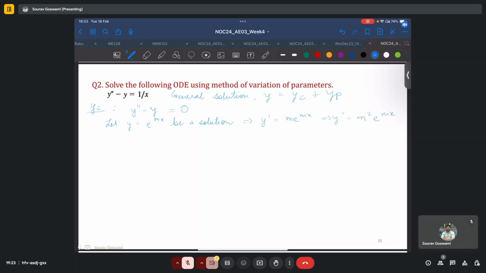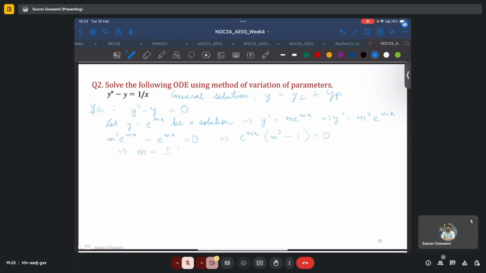We substitute this back into the original equation to get m square e power mx minus e power mx is equal to 0, or e power mx times m square minus 1 is equal to 0, or m equals plus minus 1.